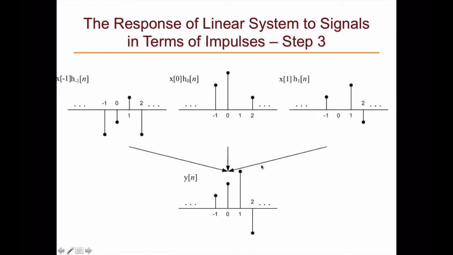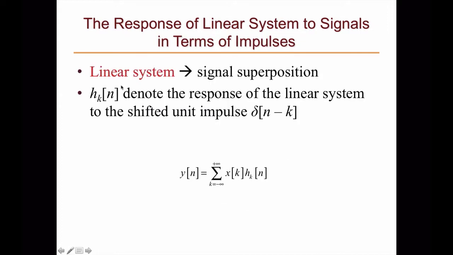Because of the linearity property, we can feed the small signals that are combined to make the big signal individually into the system, then combine them later, and we would expect the same result as feeding the whole big signal through the system. Because the system is linear, we can add the outputs together to get the final output.